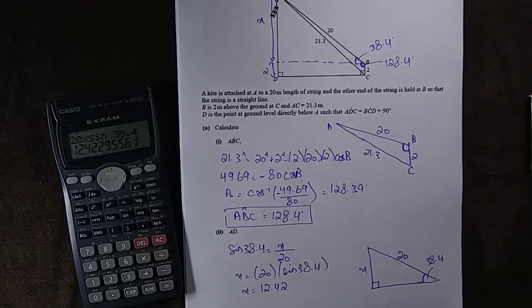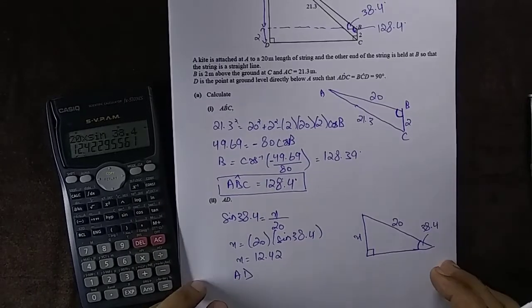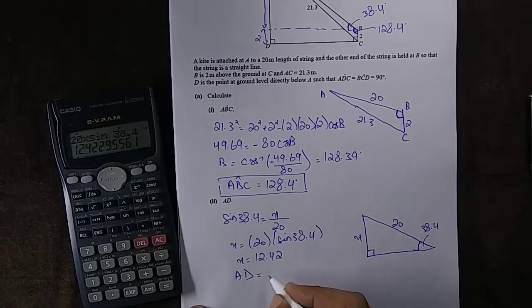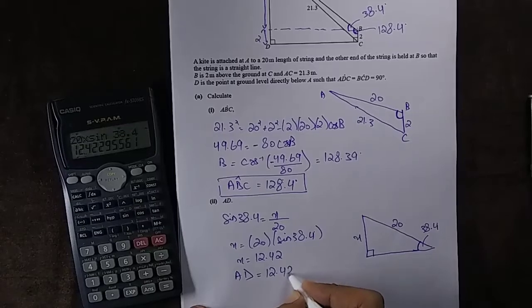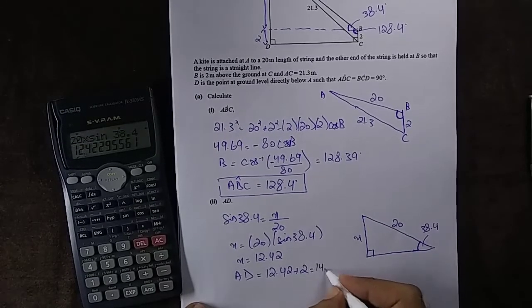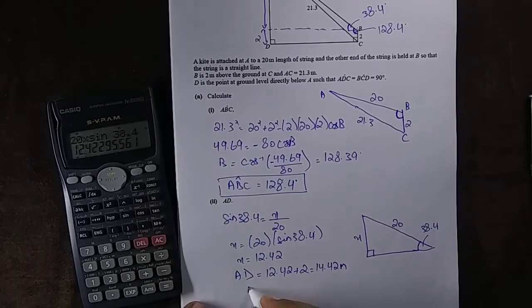The required side AD would be equal to the sum of 12.42 and 2, resulting in 14.42, and the unit in this case is meter.